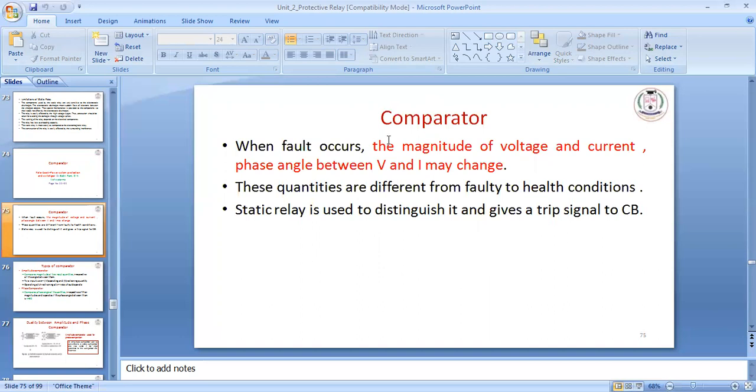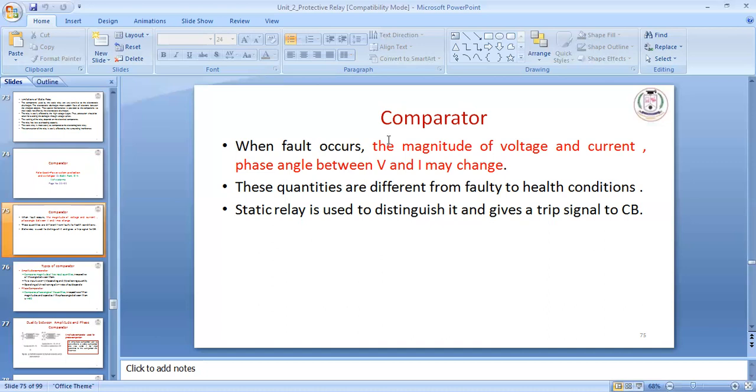This will also affect the load. 230 volts, 50 hertz is the standard supply. Instead of that, if you apply 230 volts at 100 hertz, the waveform varies, and that is also a fault supply to the load. So not only the voltage or current magnitude, but also the frequency and phase angle are important.